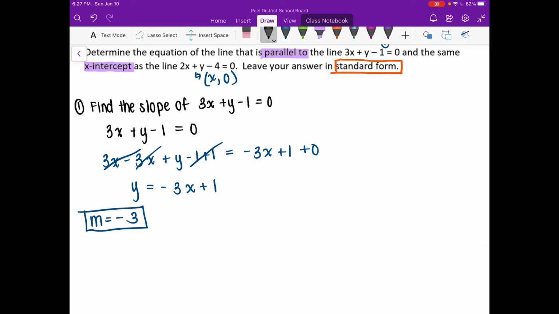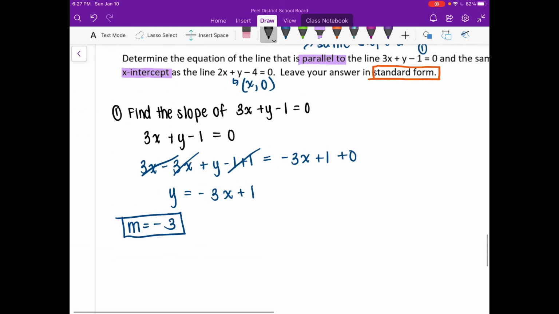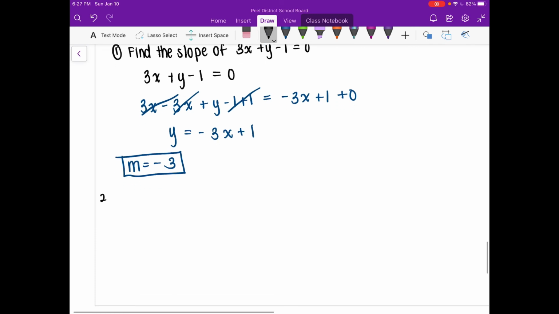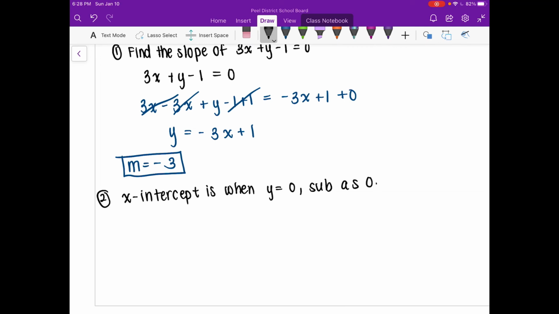Cool. So step 2 is going to be, it says it has the same x-intercept, so let's find the x-intercept. I know that the x-intercept is when y is equal to 0. So sub in 0 for y. Okay, so let's find out what it is. So we have 2x plus y minus 4 equals 0. 2x plus 0 minus 4 equals 0.